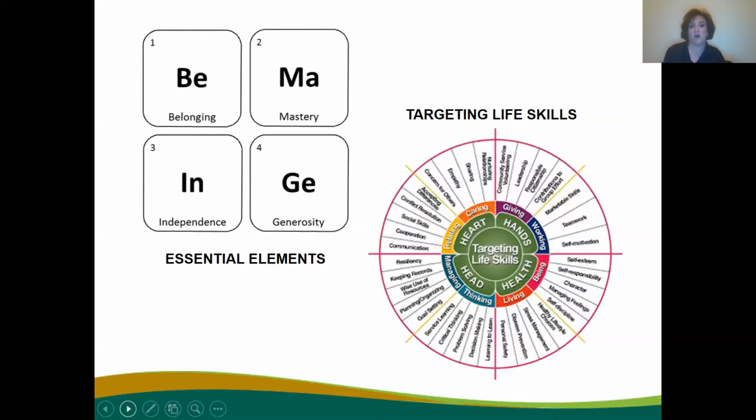It's critically important that we create a space for belonging, for mastery, for independence and generosity in a 4-H program. Likewise, youth in a well-run program that consistently honors the skills found in the Targeting Life Skills model are gaining 21st century learning skills. So they really are there.